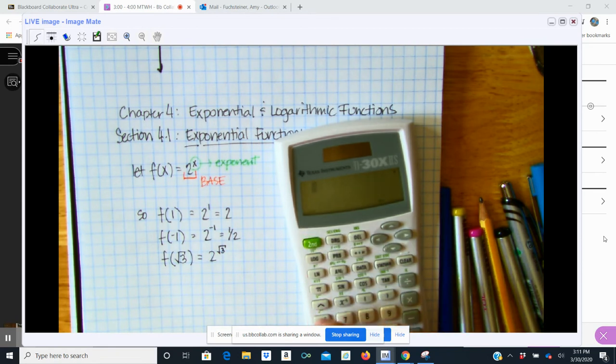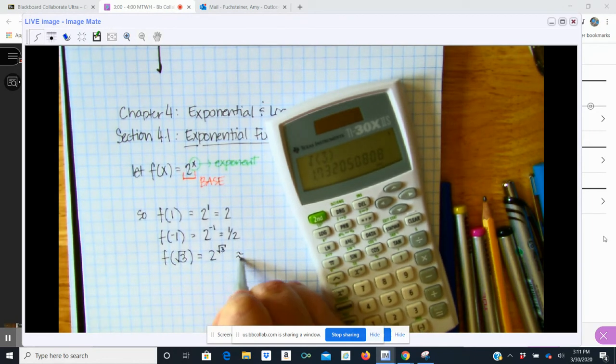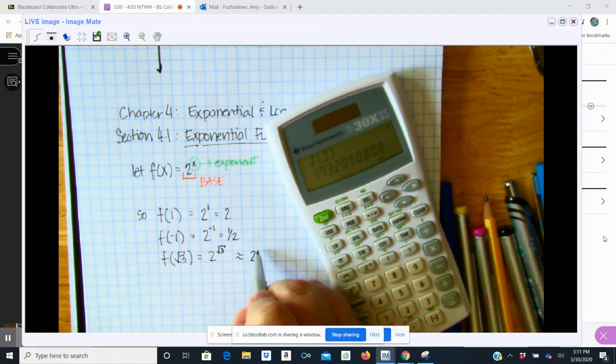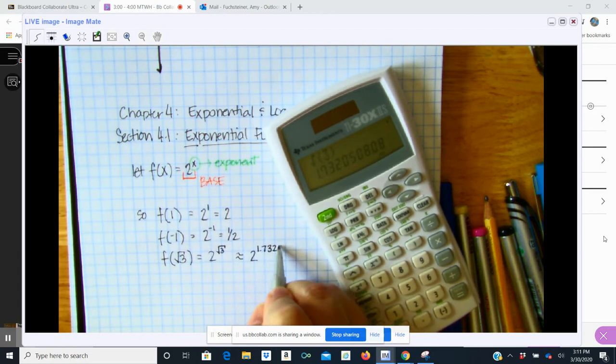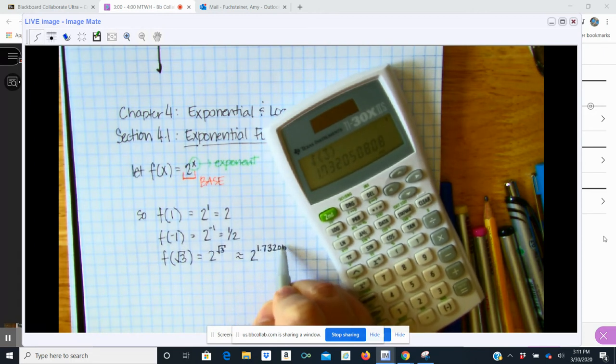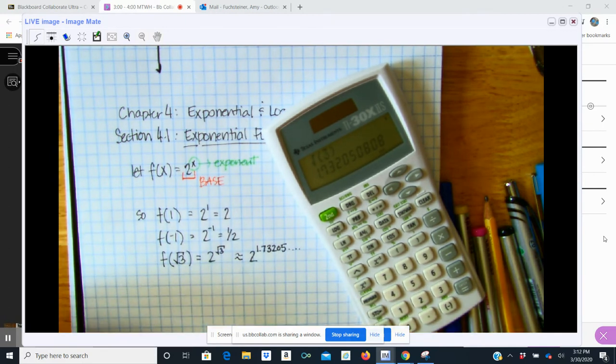If I know what the square root of 3 is, 1.732, so this would be about 2 to the 1.73205. We could get close, and the more decimal places we included here, the closer we could get to an actual number.